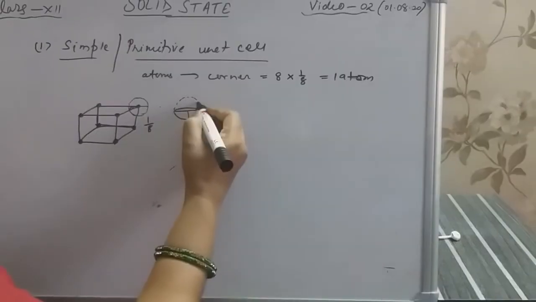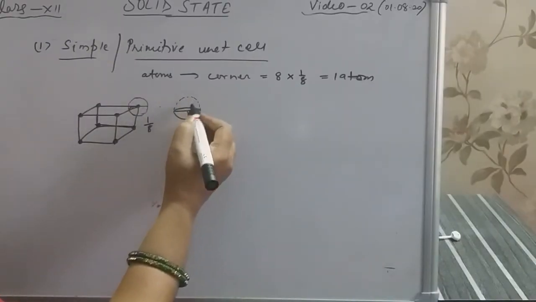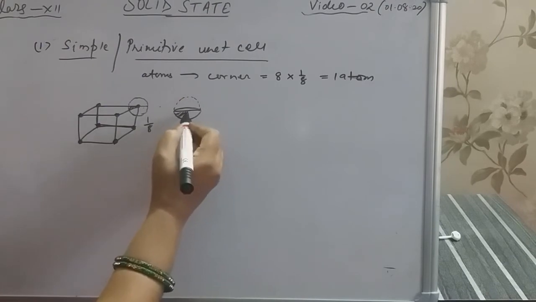Just suppose this is the half part and another half is placed over it, so only this particular part, 1 by 8th, is the contribution present in this corner.